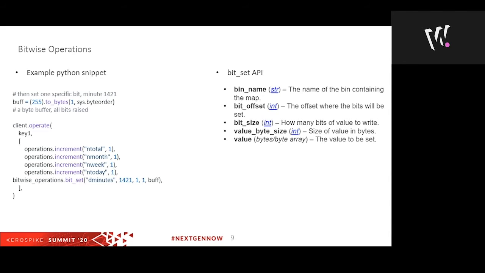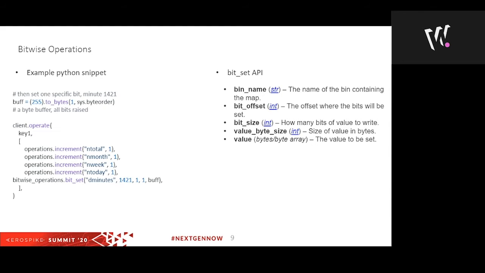So on the right-hand side, we have a list of what the Bitset API does. So you can see that last value corresponding to the buff variable corresponds to the value to be set. Just before that, we set a value of 1, and this corresponds to the value byte size, the size of the value in bytes, which we initialized to 1 when we set this buff variable. The bit size, we set this to 1 as well.